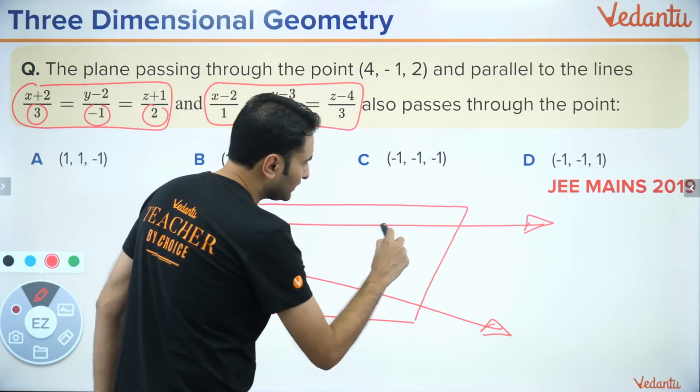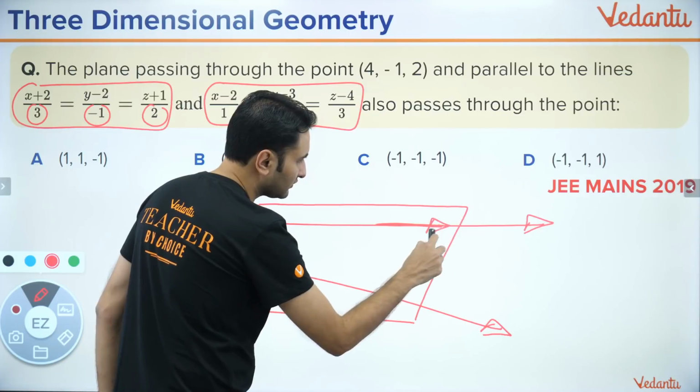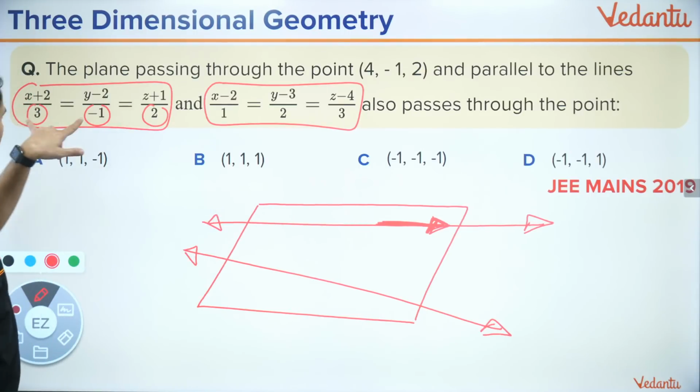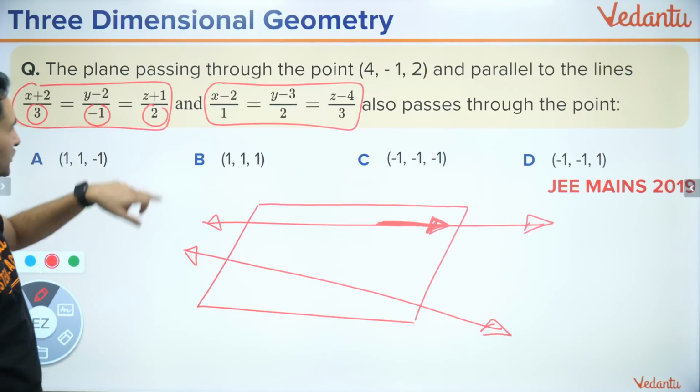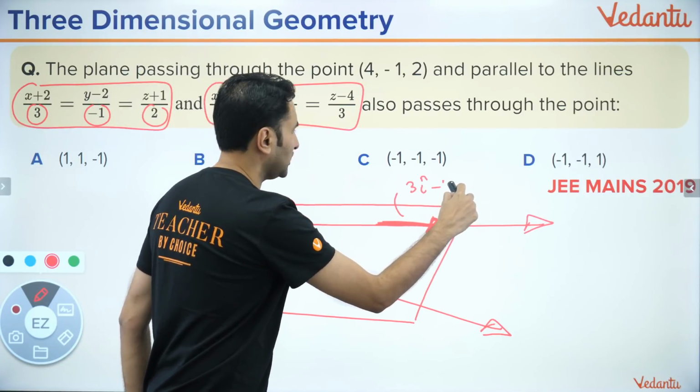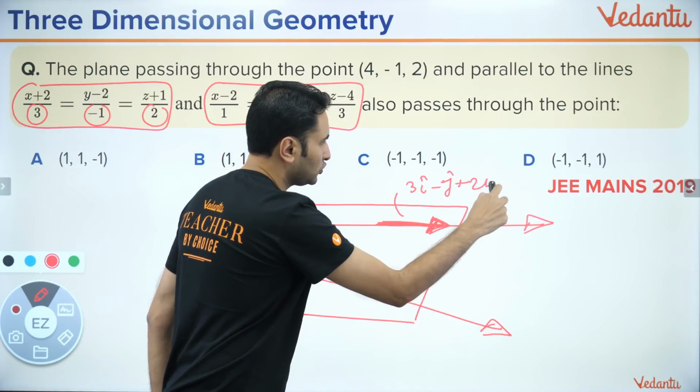So can you imagine that this direction of the line is actually a vector which lies on the plane. क्या वेक्टर है वो? 3i minus j plus 2k. So this vector is 3i minus j plus 2k.